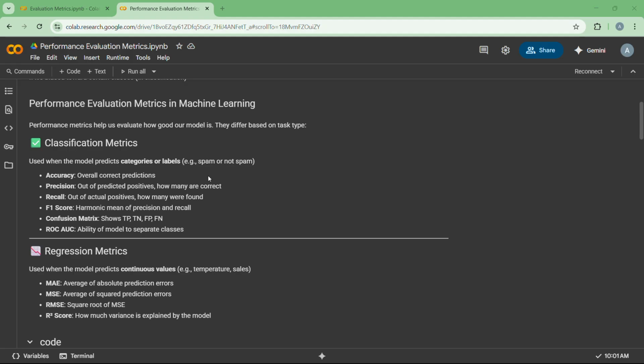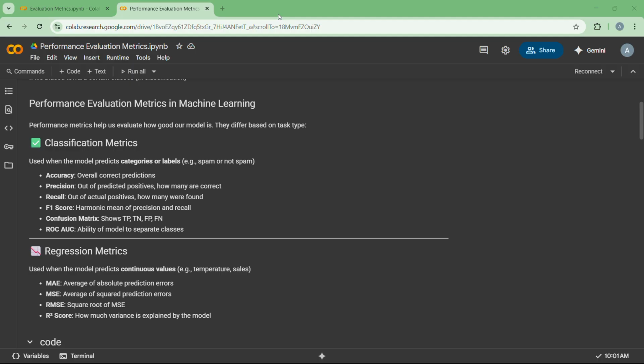So the classification metrics are of these types: accuracy, precision, recall, F1 score, confusion matrix, ROC-AUC. In classification metrics, accuracy means overall correct predictions. These were already discussed in the previous video, and I will discuss them in a simple way.